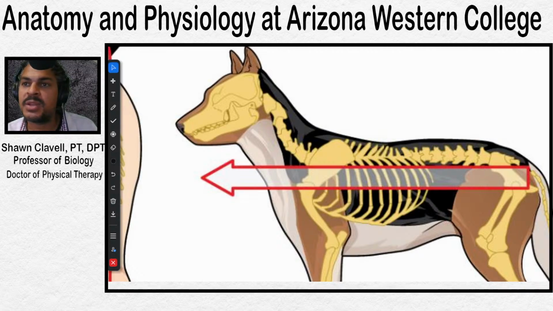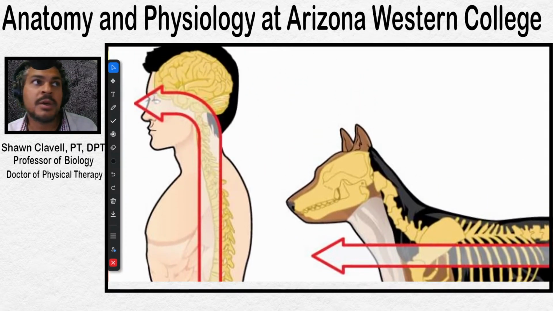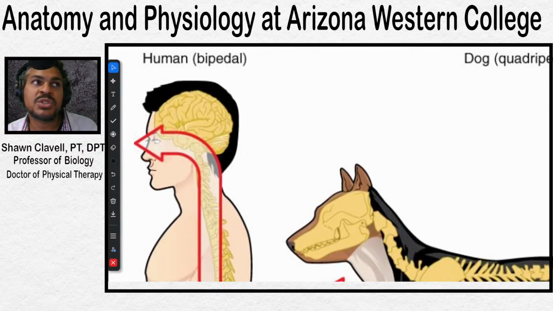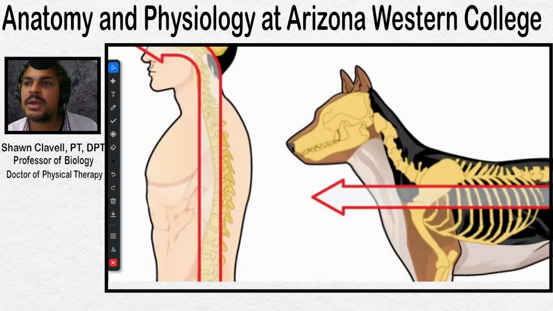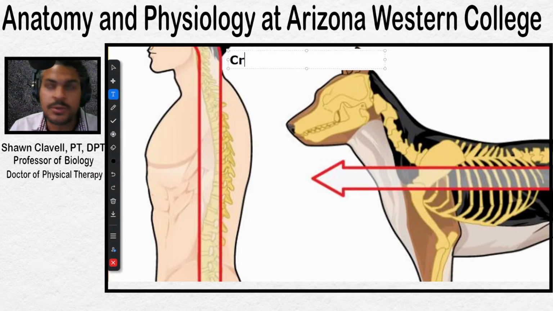Now I mentioned all that just to bring us in contrast to the human, the biped, which stands on two legs, right? We won't worry about the brain because that's where it changes a little bit. But the biped here, we'll start from the cranial region, or their head.